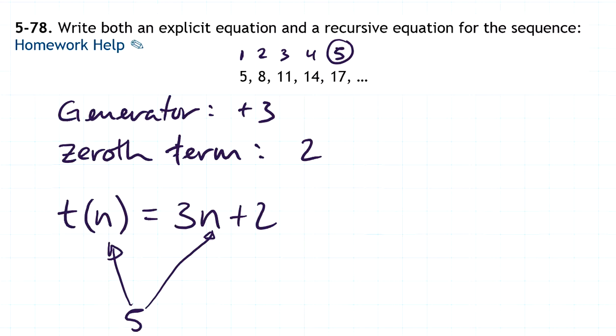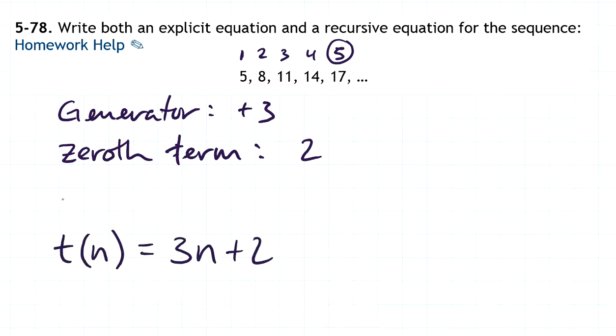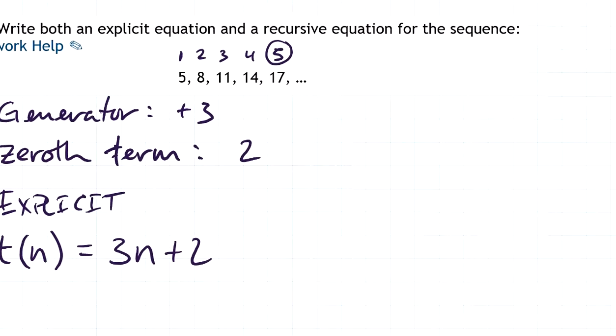Let me clean this. I'll get rid of this for now, and let's write this down. I'm going to bring this down a little bit and go ahead and write explicit. So the other thing that we have is, of course, the recursive rule.